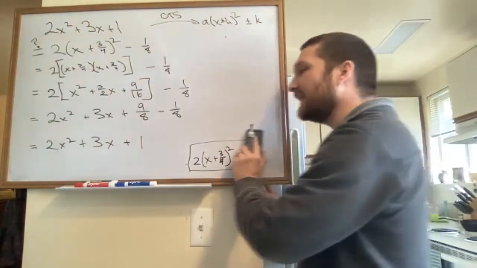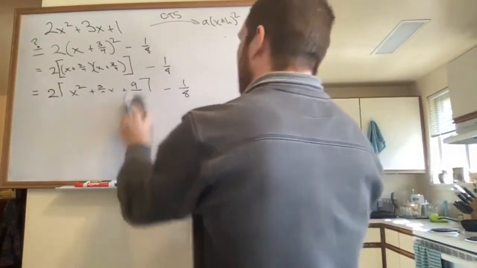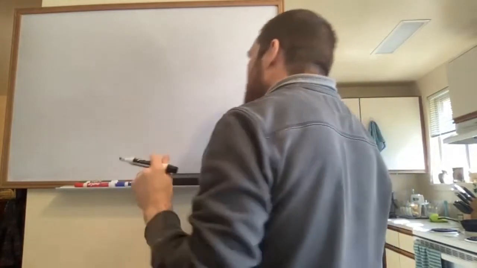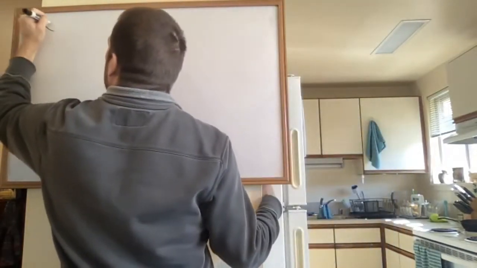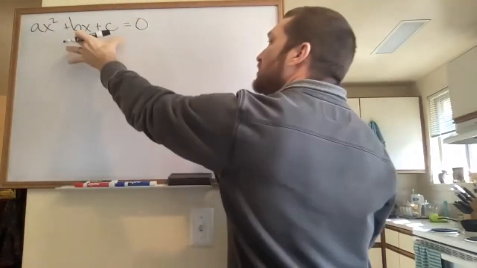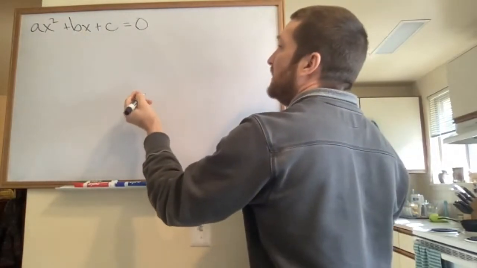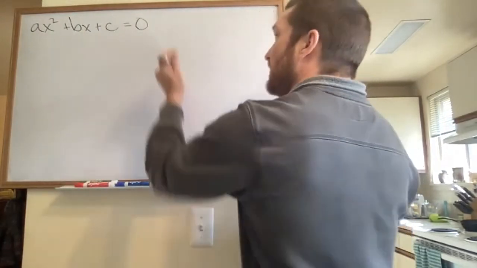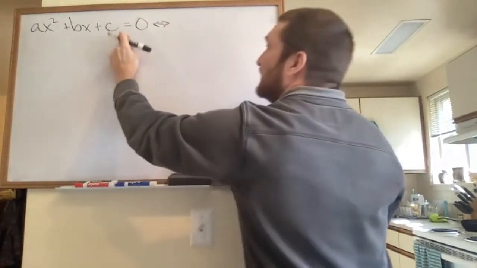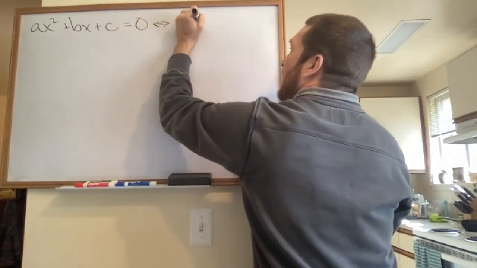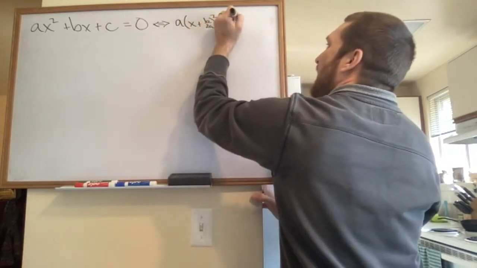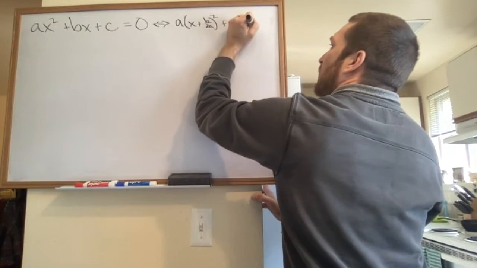The last thing to do, the very last thing to do, is to find a general solution, a solution to the general thing. And we just said that this means the same thing as, we proved that this is actually equal to ax plus b over 2a squared plus c minus b squared over 4a.